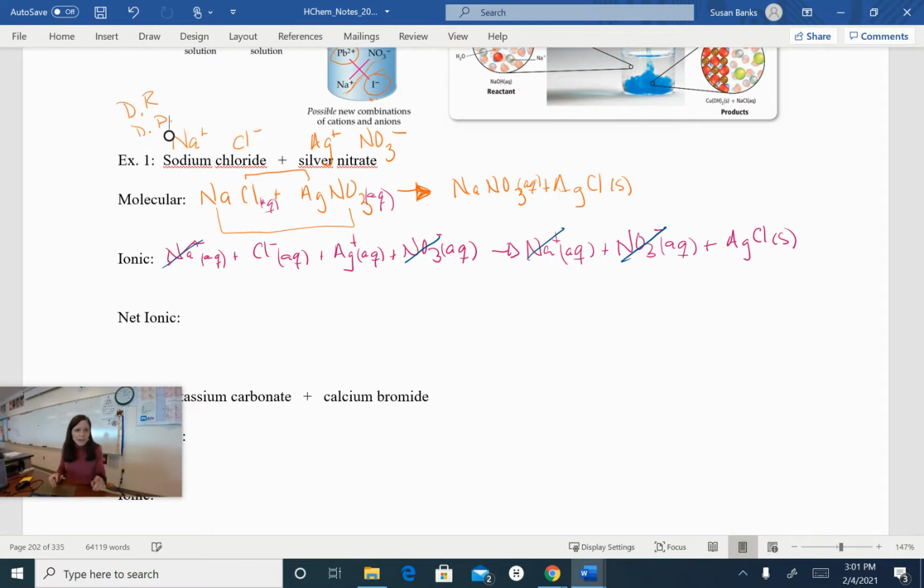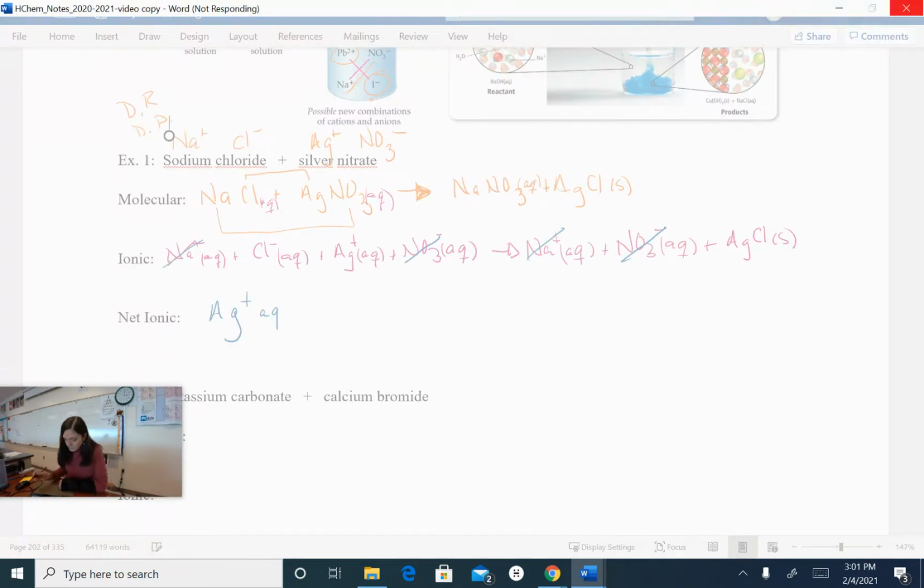Now, when we write our net ionic reactions, we always like to start with the positives, just like when we write our compounds. So we're going to have the silver ion, and we're going to have the chloride ion that are left.